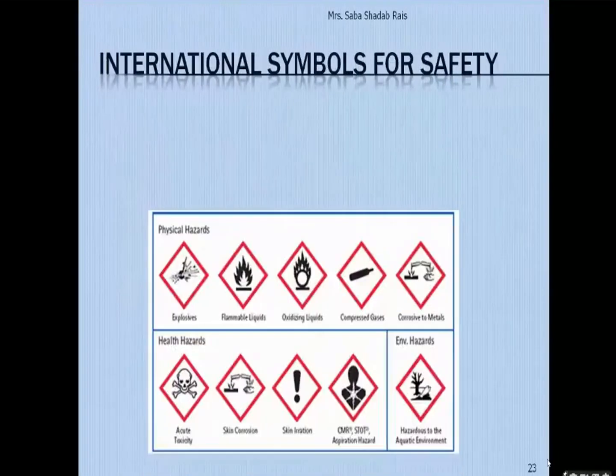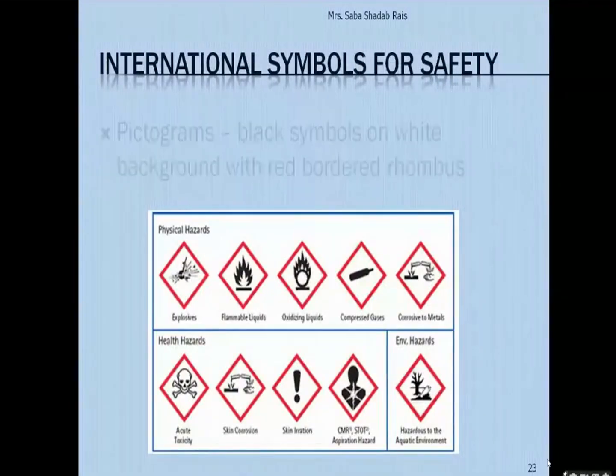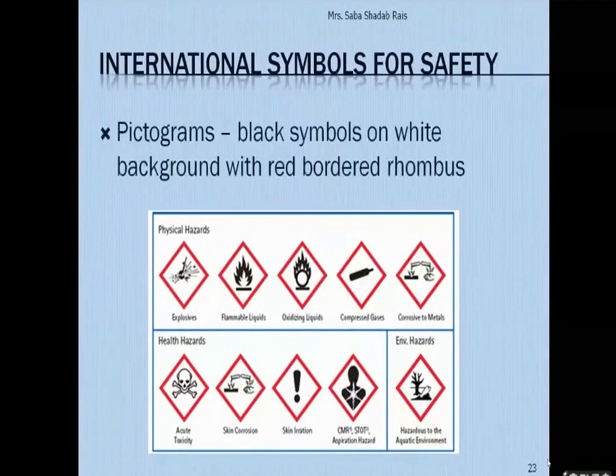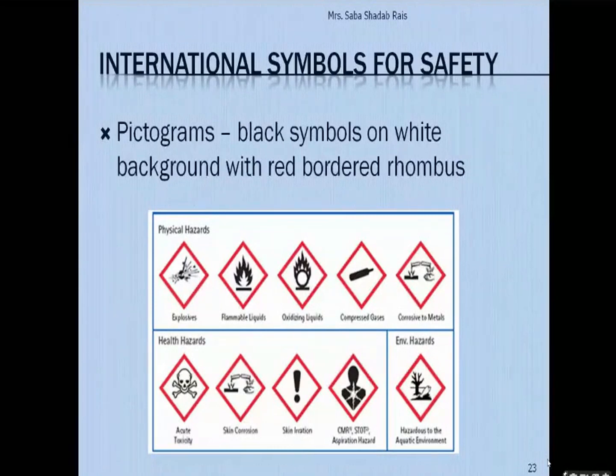In the international symbol, the pictograms were black only. The only thing is that the background changed: the orange rectangular background is replaced with a white rhombus background. This was the basic difference, and these designs are international now. Even the Europeans are using the international symbols only.